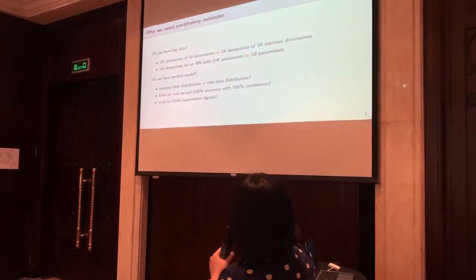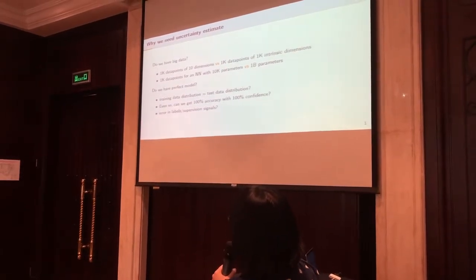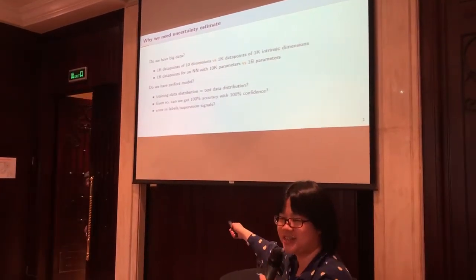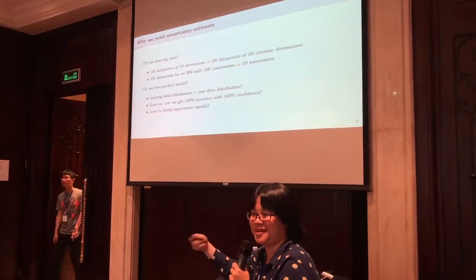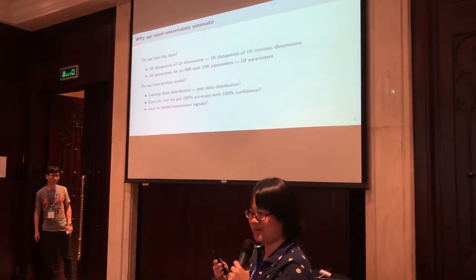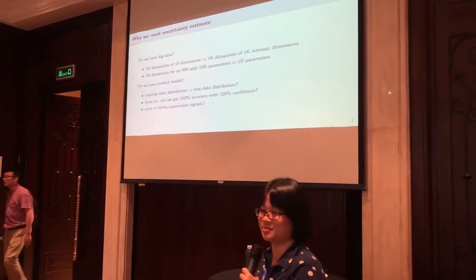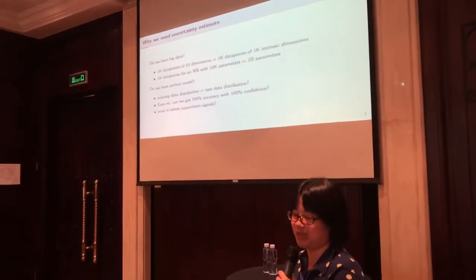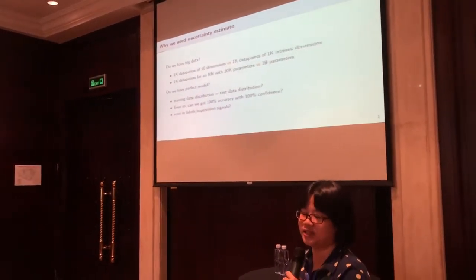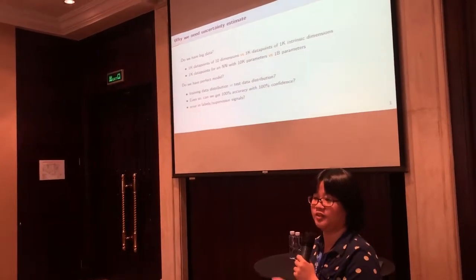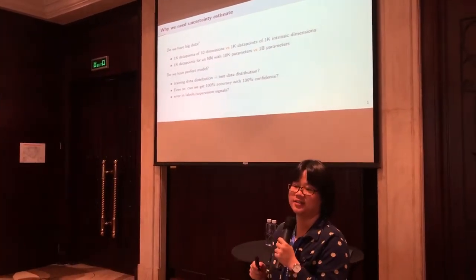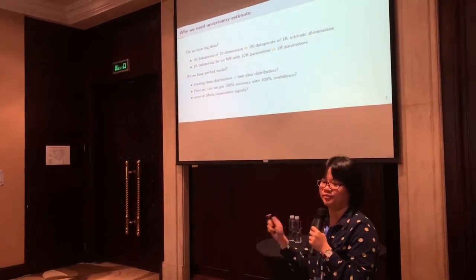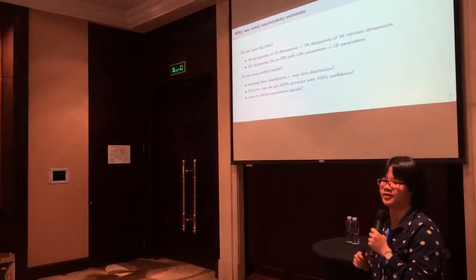Lastly, the labeling process can be noisy. I'm trying to come up with a medical example: when you ask doctors to give a prediction on what kind of disease a person has, different doctors may have different opinions, right? This tells you that you have noise or even disagreement in the labeling process.